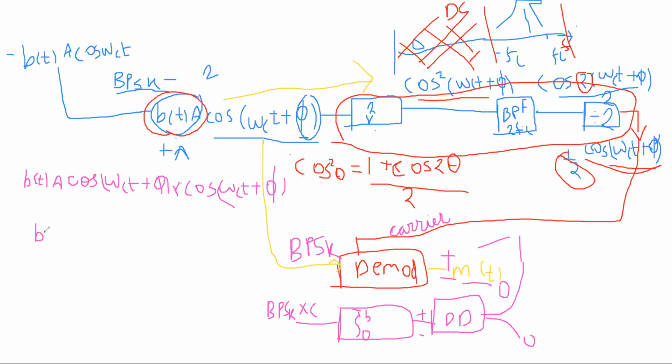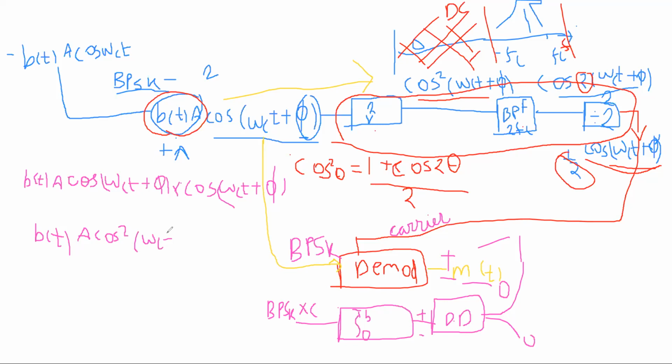So what will be the input to the integrator? It will be b of t A cos square of omega ct plus phi.